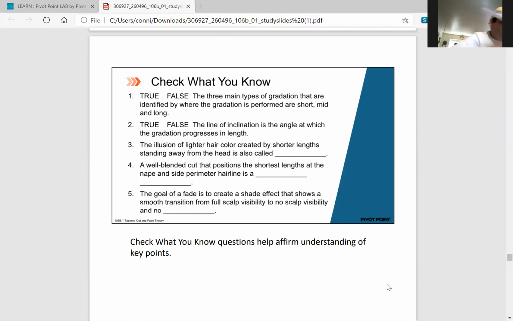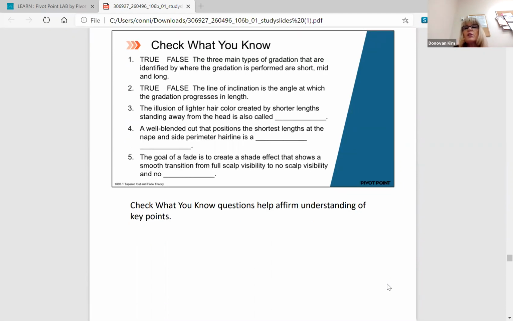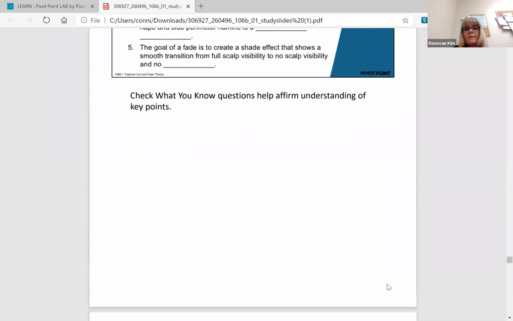A well-blended cut that positions the shortest lengths at the nape and side perimeter hairline is what? Tapered cuts. Okay. The goal of a fade is to create a shape effect that shows a smooth transition from full scalp visibility to no scalp visibility and no, pretty sure that's weight.